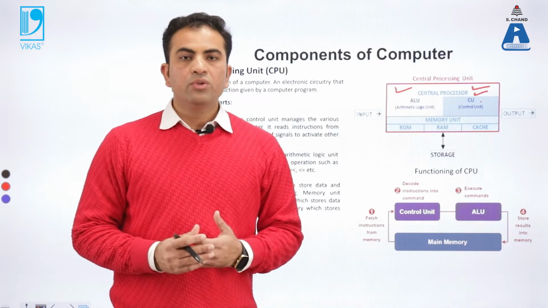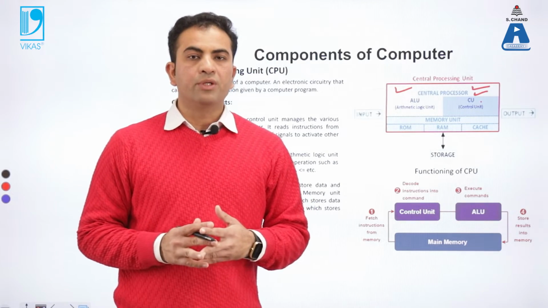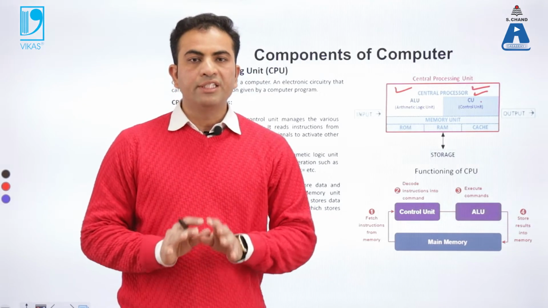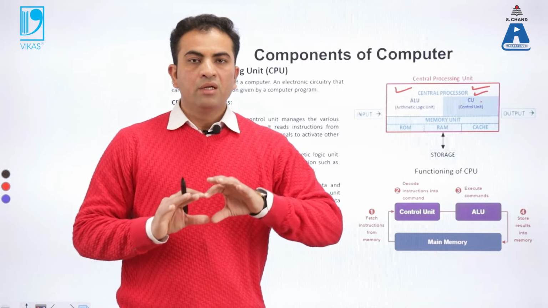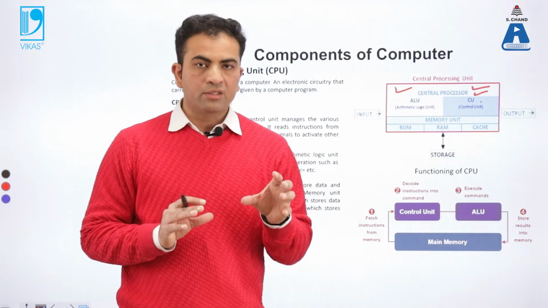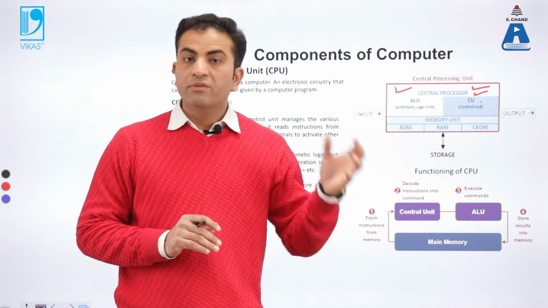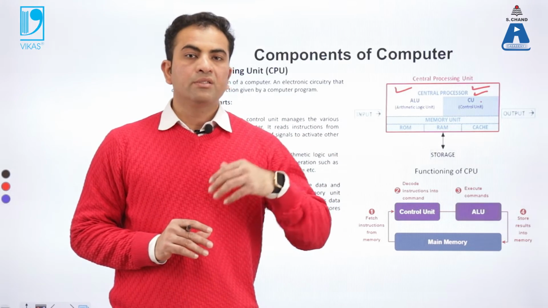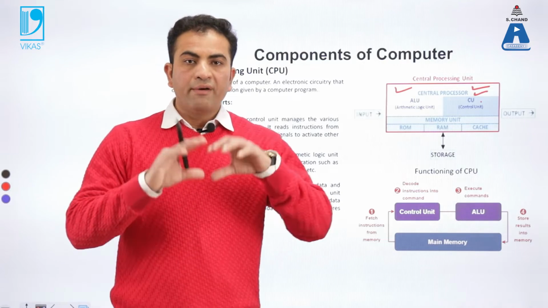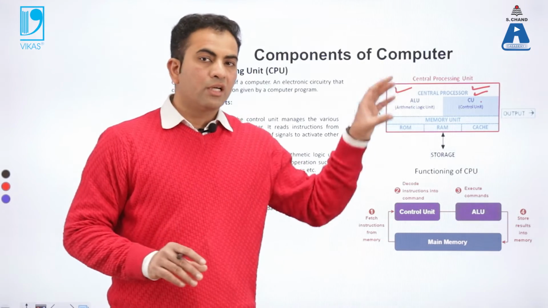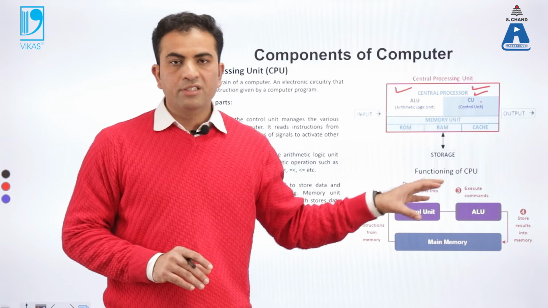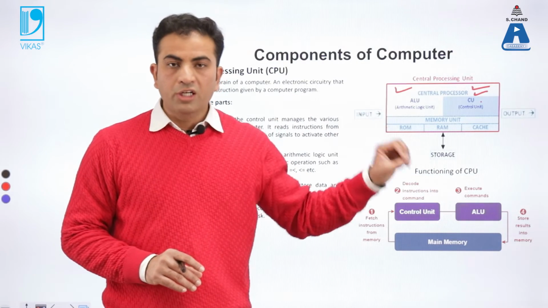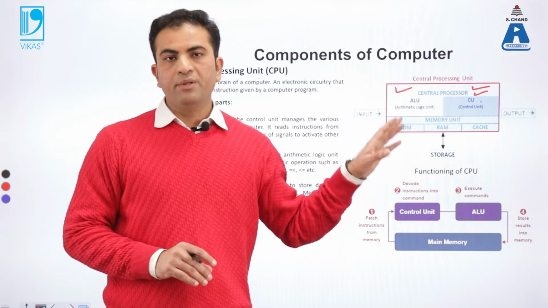Now, second is the arithmetic logic unit. Whenever we give instructions to the computer, every instruction is written using arithmetic operations. In our upcoming chapters, we will study arithmetic operations, logical operations, and relational operations. Without these, no instruction can be written.